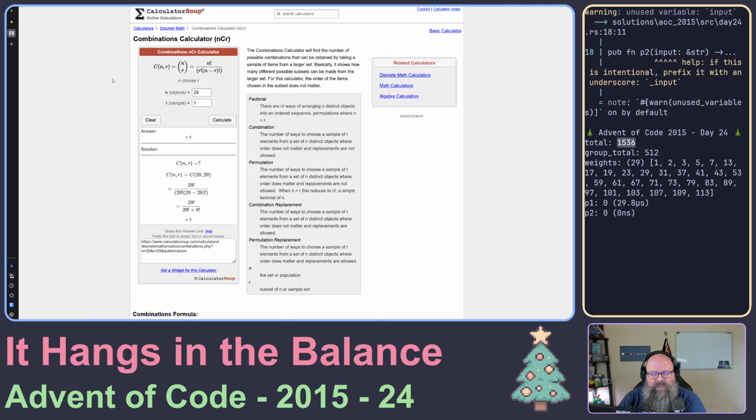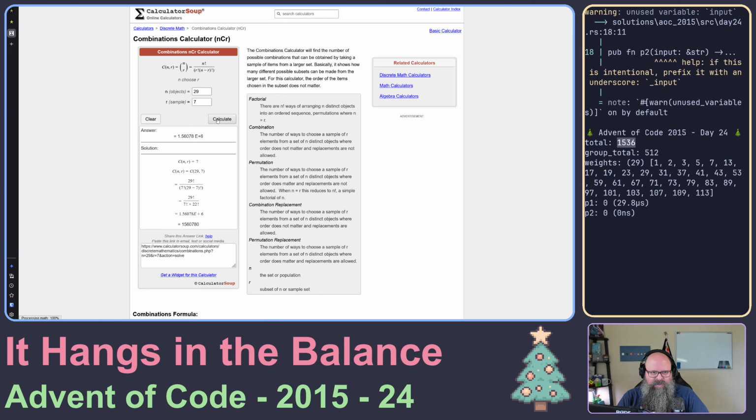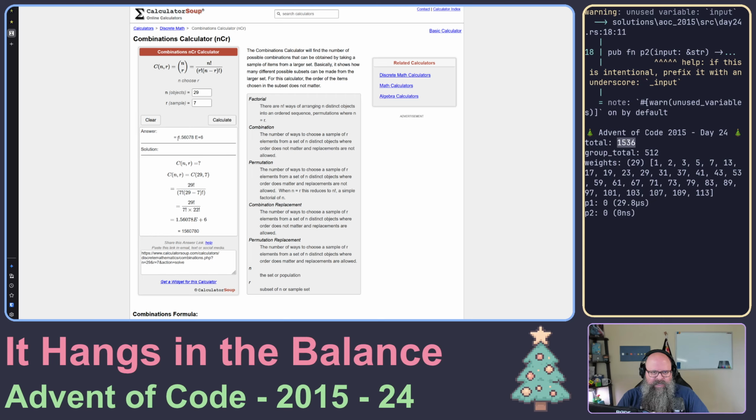But let's say we know the smallest size is 5. So there's 29 objects and we want to pick 5 from them. We only have to do 118,000 combinations of those 29. What if it was 6? 400,000. 7? This is when you get into the millions now.